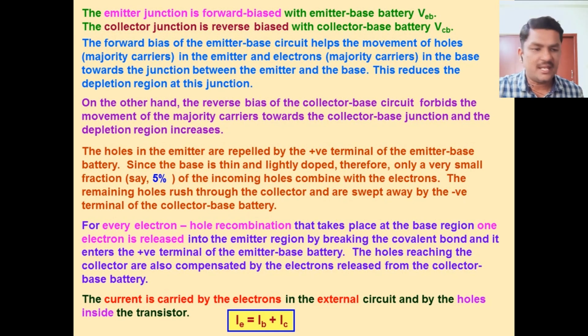The width of the emitter region is slightly less than that of the collector region, and the width of the base region is very thin. The width of the collector region is moderate.